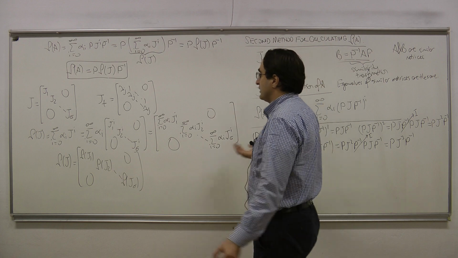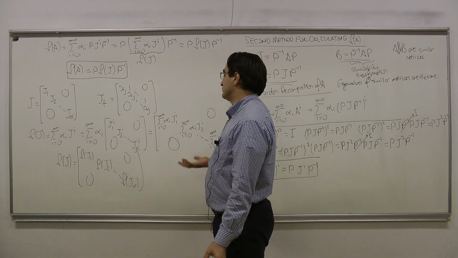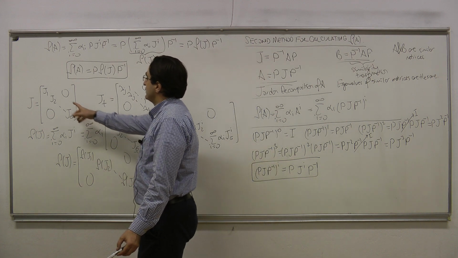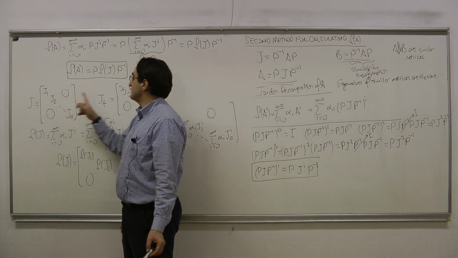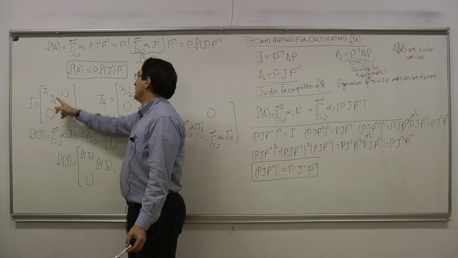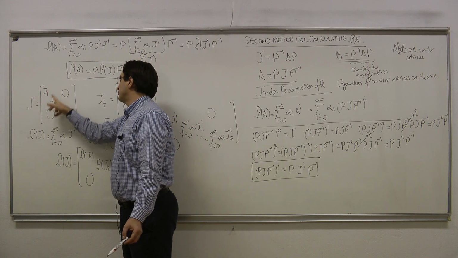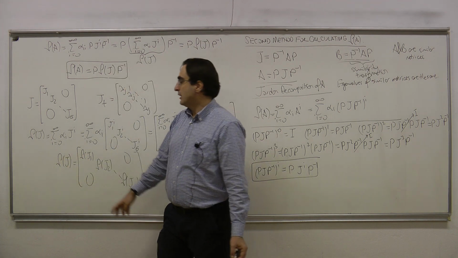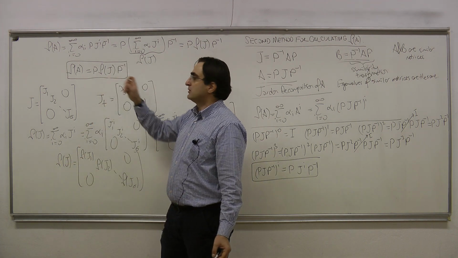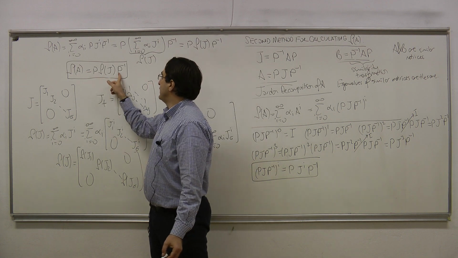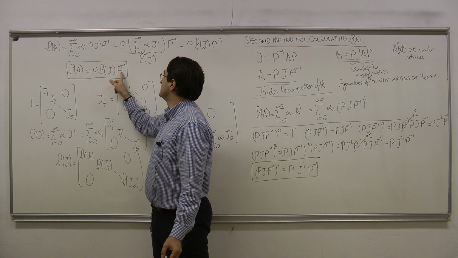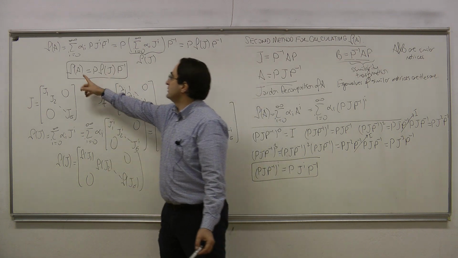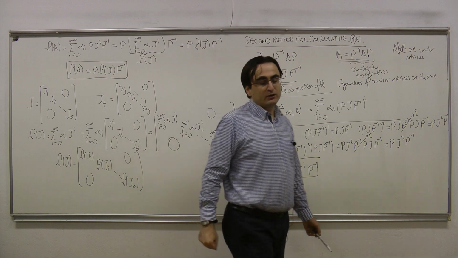This means that we can divide the problem into sub-partitions, and in each partition I can calculate the function of a single Jordan block. Then I combine the functions of these blocks to obtain the function of the Jordan canonical form, substitute it back into this formula, and multiply the result with P and P inverse from the left and from the right, and I obtain the function of the overall A matrix.